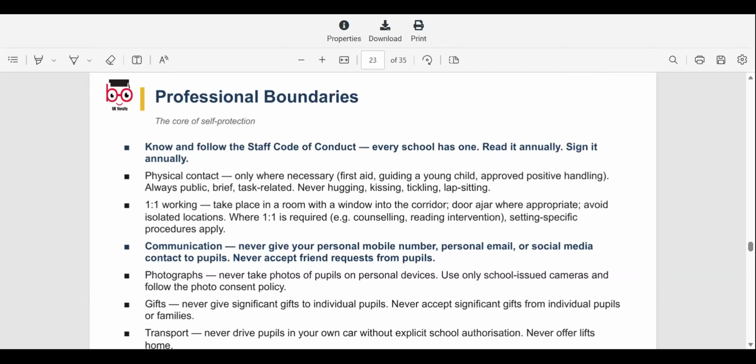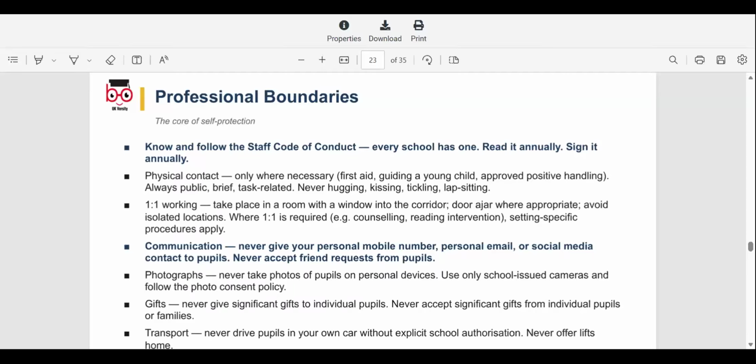Professional boundaries are really important because it's important to limit yourself and define what is appropriate. Make sure you have read the policy around professional boundaries and you have put them in place. They should be clear, they should be ethical limits, and they protect emotional health, creating a secure, predictable environment for both workers and the children.